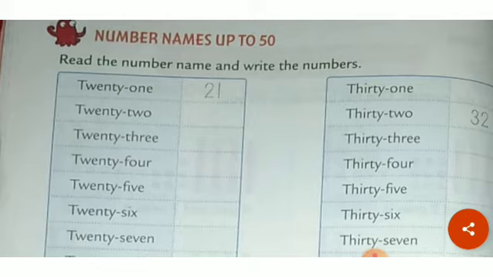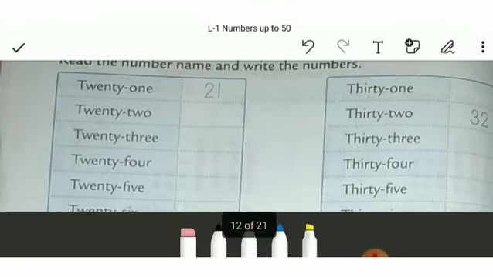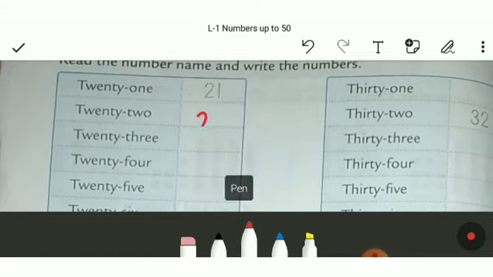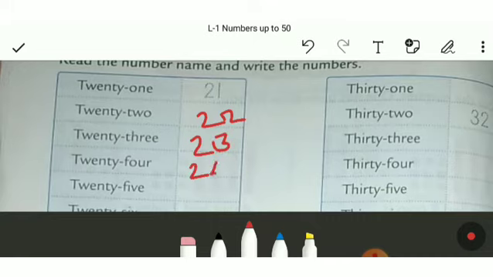Next, 22. How can we write 22? We will write 22 like this. 23 like this. 24, and 25. This way you have to complete all number names.